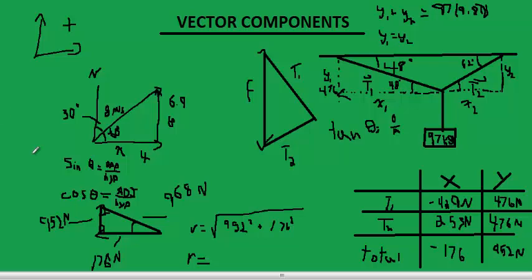Sine of 90 degrees over the opposite side length, which we discovered to be 968 newtons, is equal to, we'll call this angle theta, sine theta over another side length, which the opposite of this one would be 952.